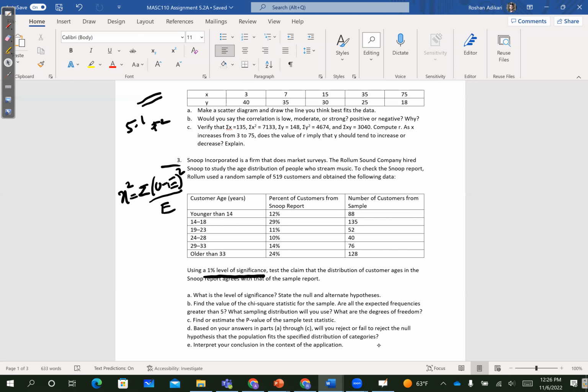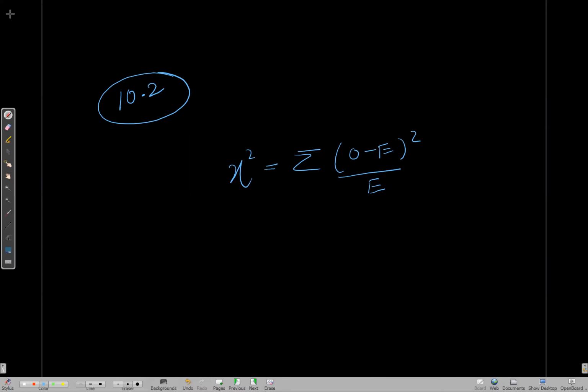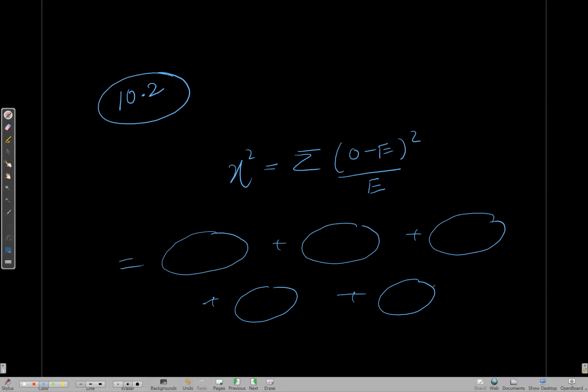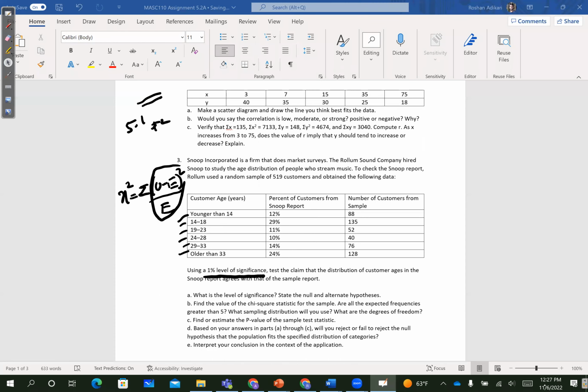You have to find this for each of these, so actually 1, 2, 3, 4, 5, 6 of them. So you will get one value plus some other value, and so on, six in all. For example, for the first one, O is this 88.